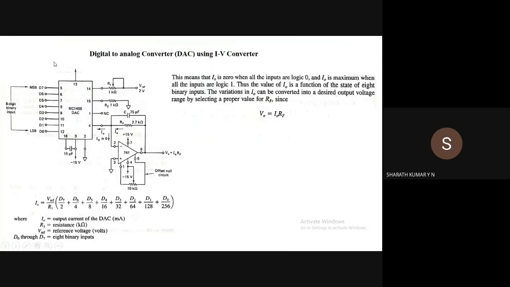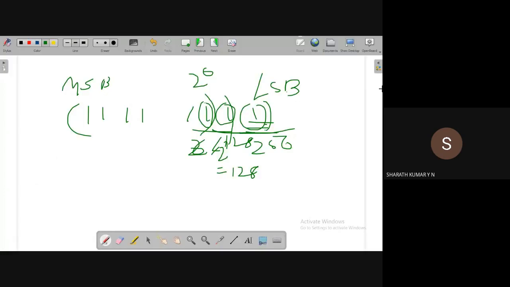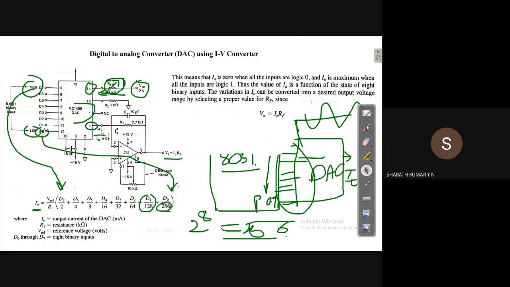Like this, we can write the equation for the weightage of each bit, and based on that, the current generated will depend.